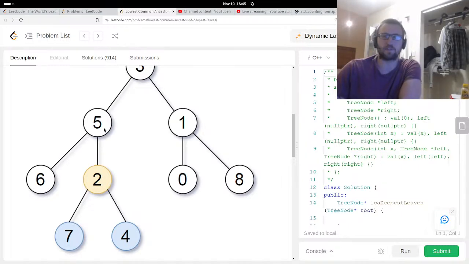Yeah, it's kind of confusing. Why would it have to? It has to be both children to be considered. Why? Because this actually contains all of the deepest leaves. It's just not the lowest one.